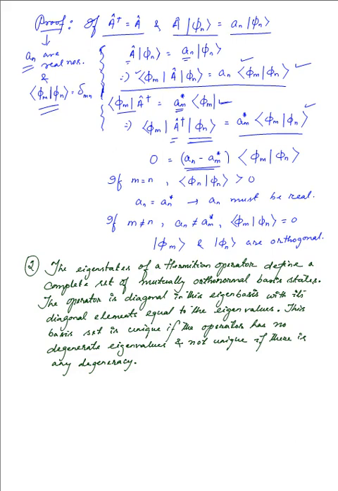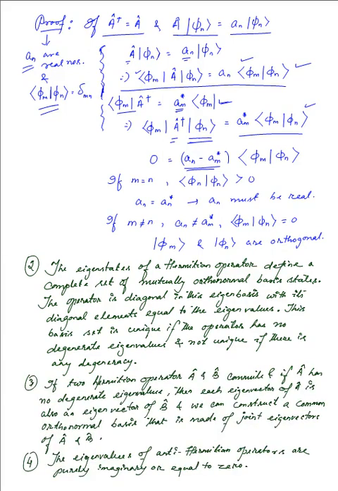But as of now, you must know that the diagonal elements in the eigenbasis will be equal to the eigenvalues. This basis set will be unique if the operator has no degenerate eigenvalues, and not unique if there is any degeneracy.